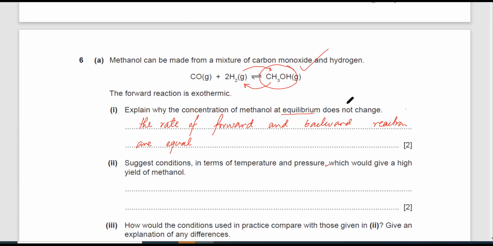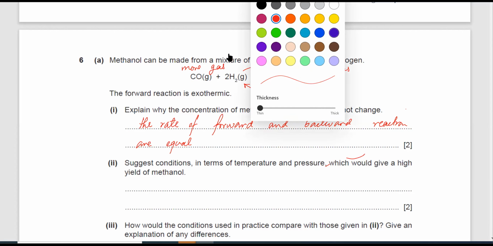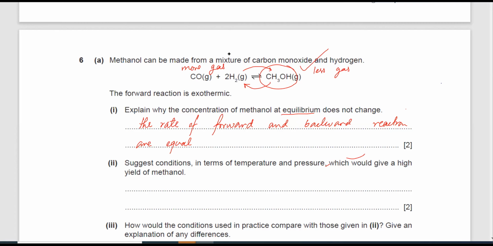So we need to increase the yield of methanol. Count the number of moles. 2 molecules of H2 and 1 molecule of CO, so that's a total of 3 moles of gas. In the product there is less gas, only 1 mole of gas. So we want more forward reaction.